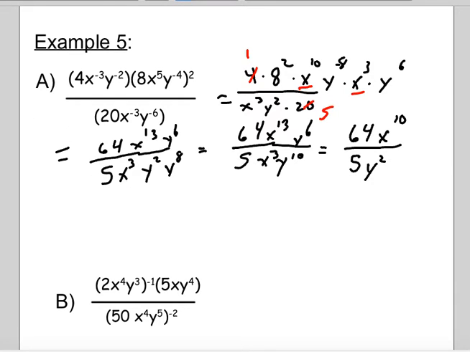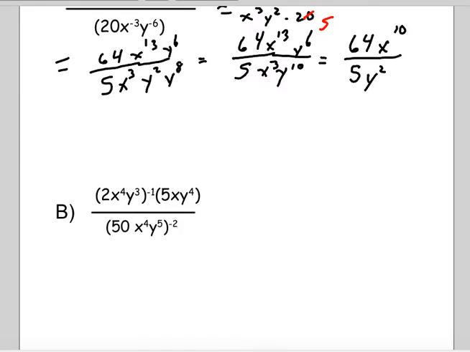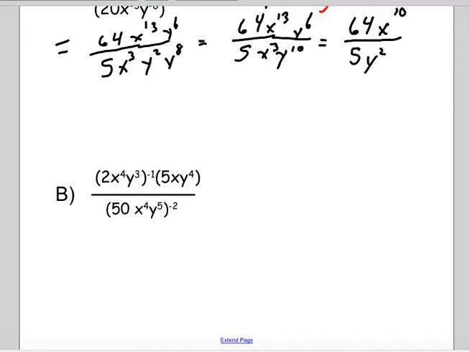So let's come down here and look at letter B. We could take everything in that first one there to the -1 power if we wanted to, or we could flip the whole thing. Let's flip the whole thing.